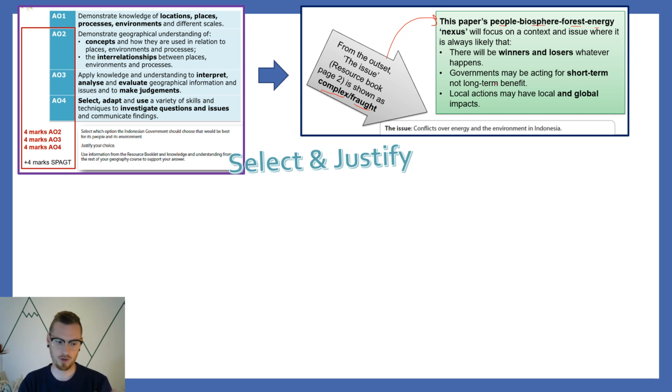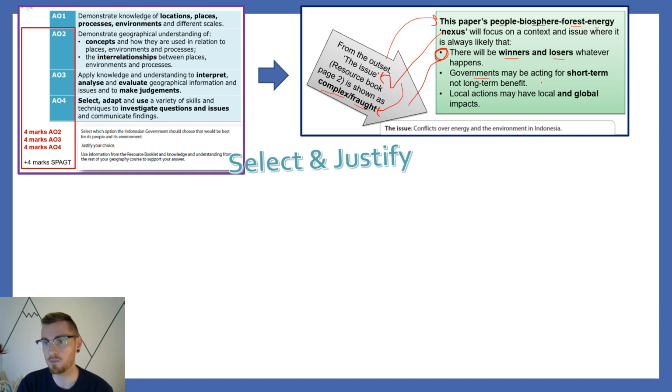Within whatever those 4 always overlap in all these papers, and in that overlap is always going to be a certain issue. The one that I just showed you was energy in Indonesia, and that issue is complex and fraught. i.e., remember in this question, there will always be winners and losers, whatever happens, okay? So remember that, use that language in your answer if appropriate.